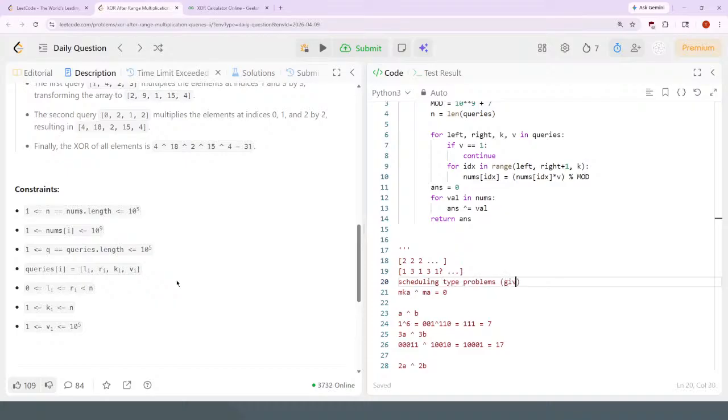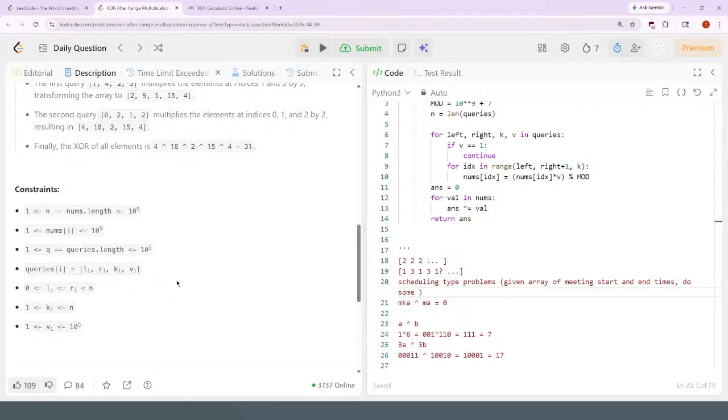Like given an array of meeting start and end times, do some sort of calculation that generally is going to have sorting and heaps involved, which is O of n log n.